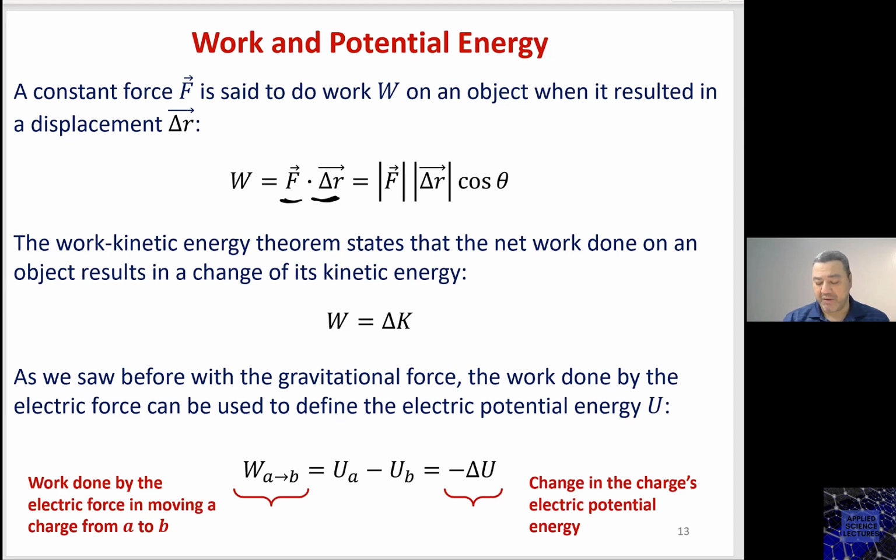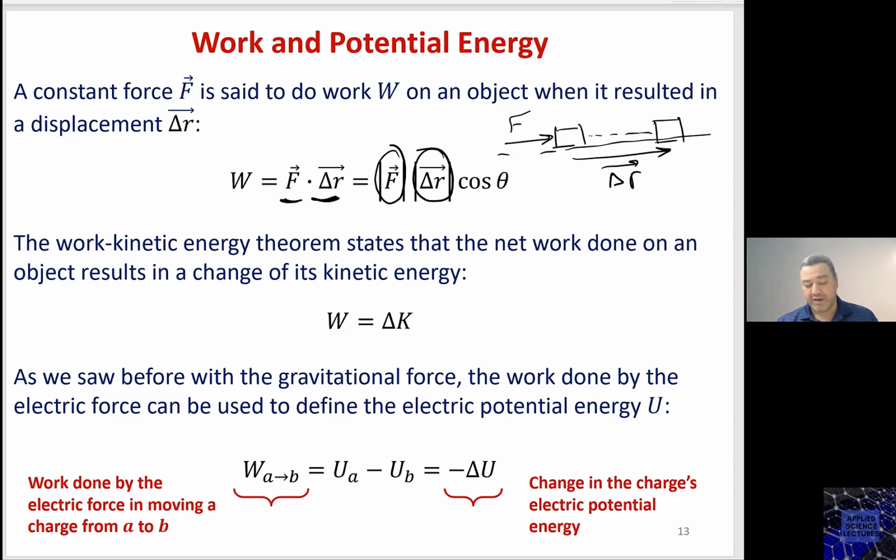If I have an object under a force F, and this object has moved from one position to another with a displacement vector delta r, the work is as simple as the magnitude of the force times the magnitude of the displacement vector times the cosine of the angle in between.